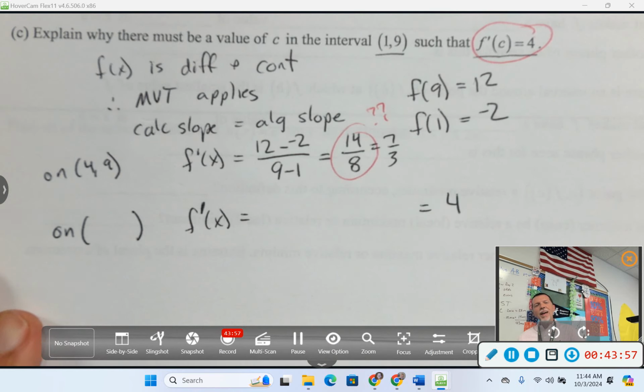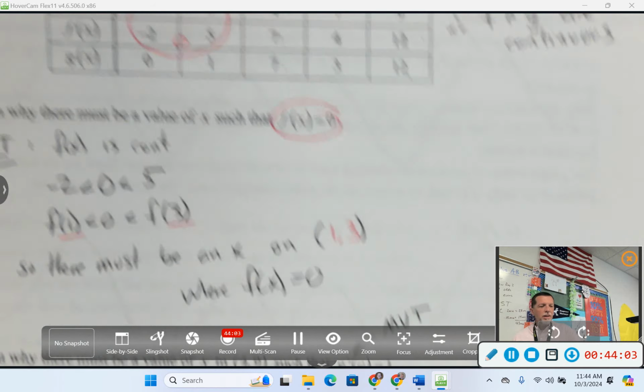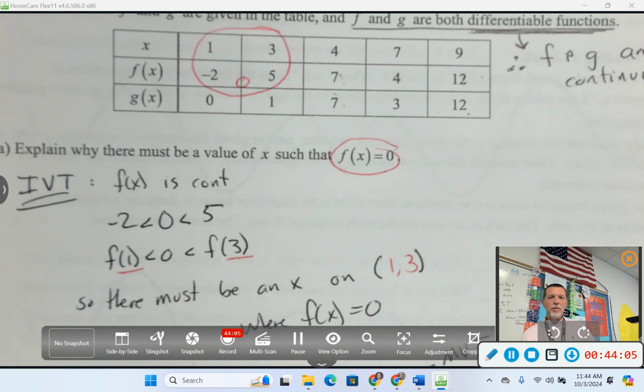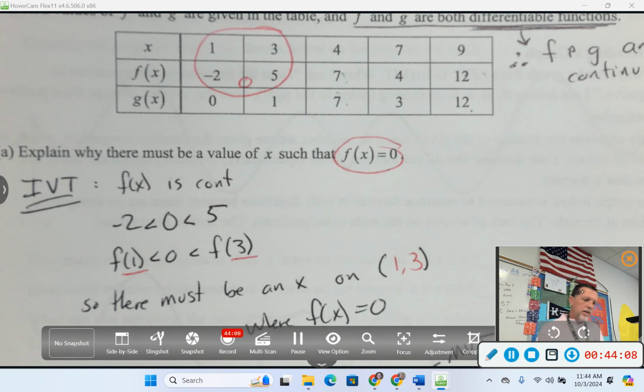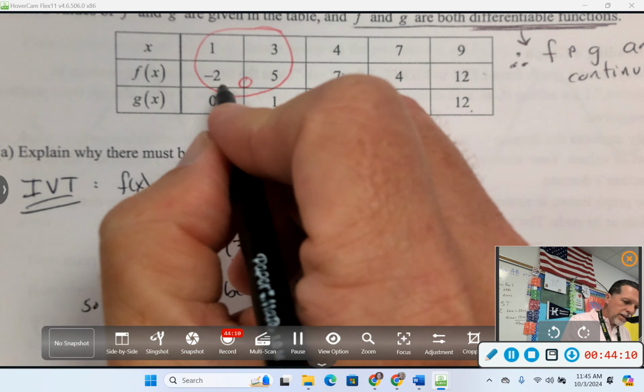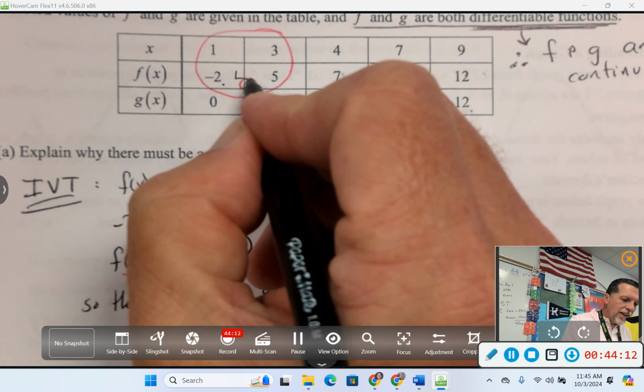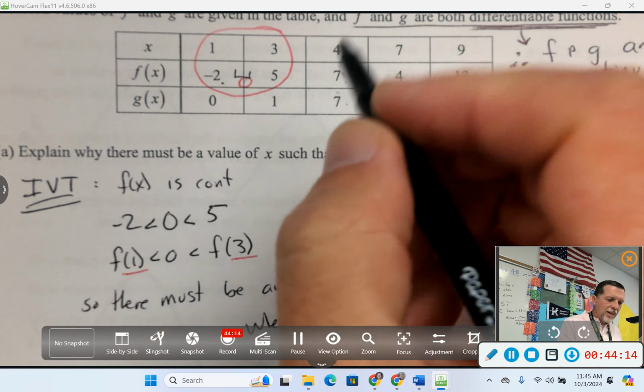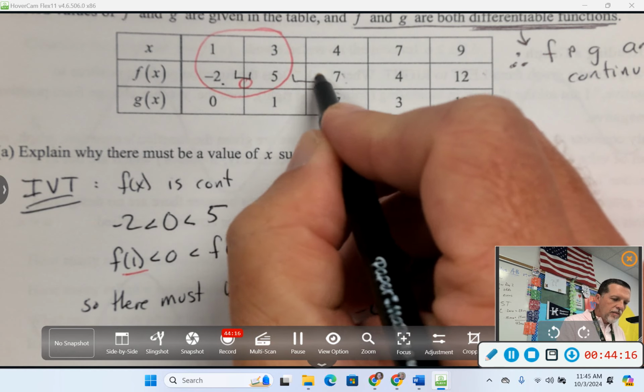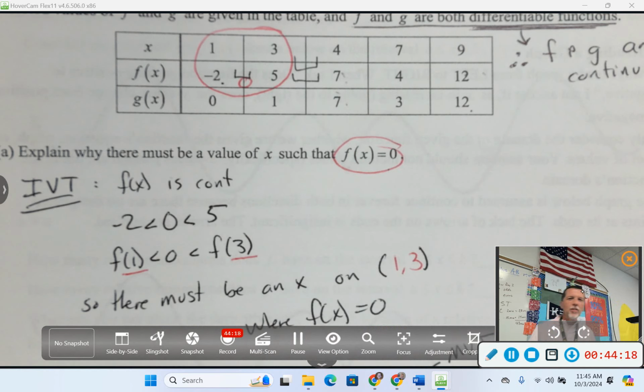So this is kind of a pain. Now I've got to find the slope maybe for every possible combination of points up there that give me a slope of 4. So let's see. From negative 2 to 5, that's going to be a 7. That's not going to be it. 5 to 7, 3 to 4, that slope would be 2 over 1.